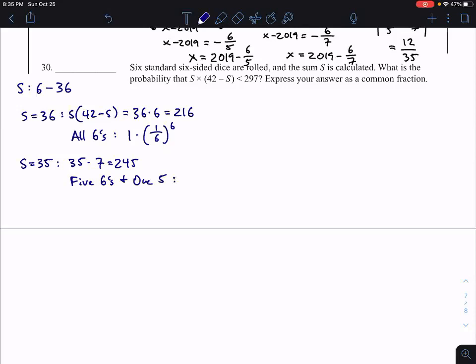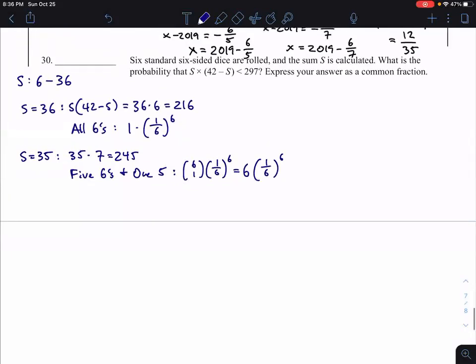So the probability of doing this is, well, basically you just have to choose which die rolls the 5, which is 6 choose 1. It doesn't really matter for all the other dice since they're all 6s. Probability of doing this is also 1/6 to the power of 6. And this is basically just 6 times that.